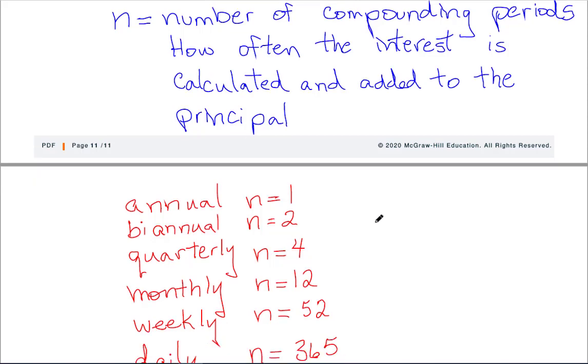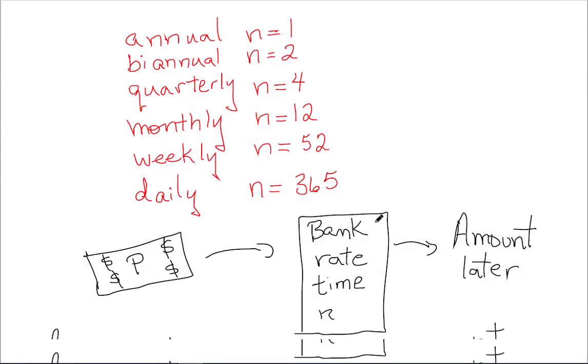If this is done once a year, this is called annually, or n is 1. Biannually, n is 2. It's twice a year. Quarterly means it's done 4 times a year. Monthly, n is 12. Weekly, n is 52. And daily, n is 365.